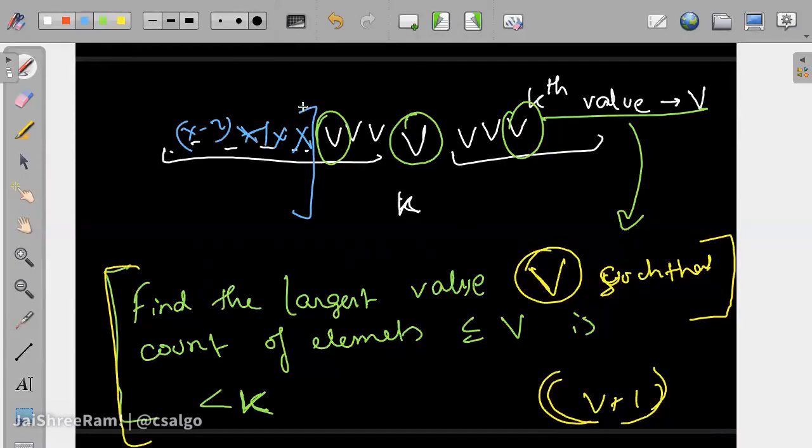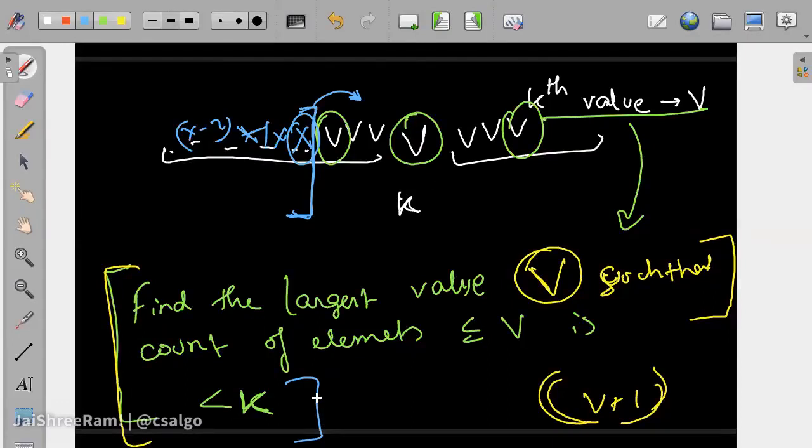Now if we can find out what is the last element that does not touch k, then we could not push this boundary one step further only because that element was present at k, right? We tried to push the boundary as much as possible, but we should not reach k. So whatever last element we get, we could not push it to x plus 1 because x plus 1 was present at k, right? Then only this was not possible, or else my binary search would have found it, right? So that is the whole intuition why we are doing this particular thing.